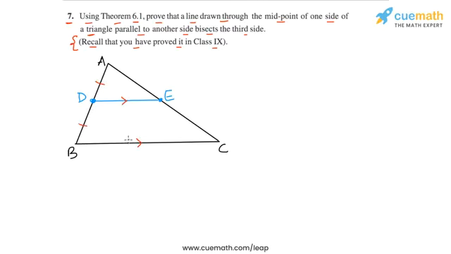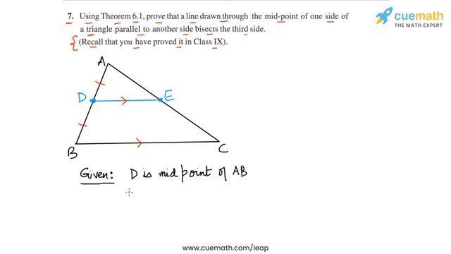So what we have to prove is that DE bisects the third side, or E is the midpoint of AC. So let's write all of this. So we are given that D is the midpoint of AB. That's one part of what we're given.